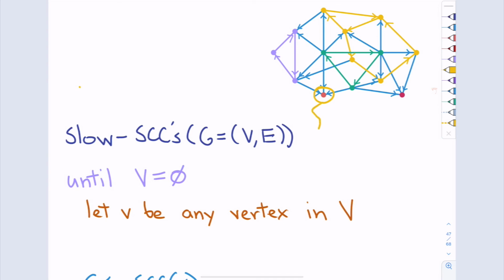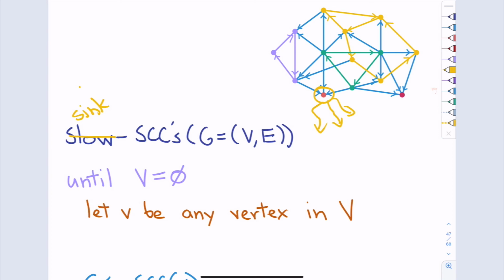Because when I start searching from this vertex to find a strongly connected component, I'll never leave that vertex because it's in the sink component. It never leaves. So it'd be really great if I could do something like a topological sort, where I'm always able to pluck a vertex out of the sink component. We don't know how yet, but for the sake of discussion.